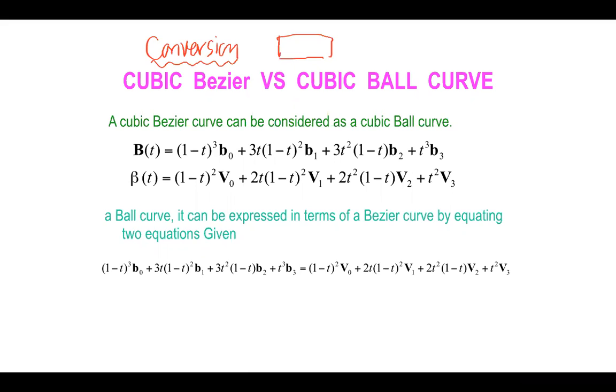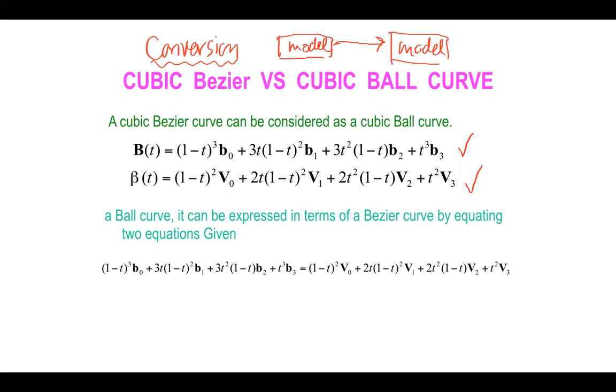Okay, for this example, we want to convert from Bezier curve to ball curve. So what should we do? We can do the same thing as we have done with the Hermite curve. First of all, we have to equate two formulas. The first one is the Bezier curve formula, and the second one is the cubic ball curve formula.